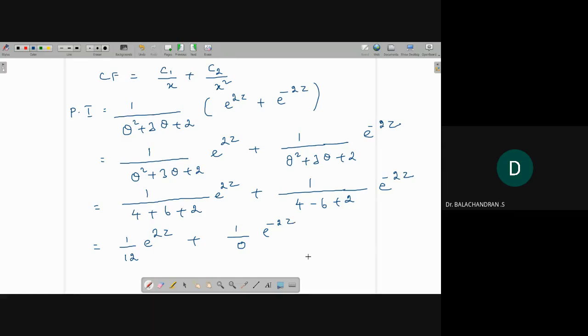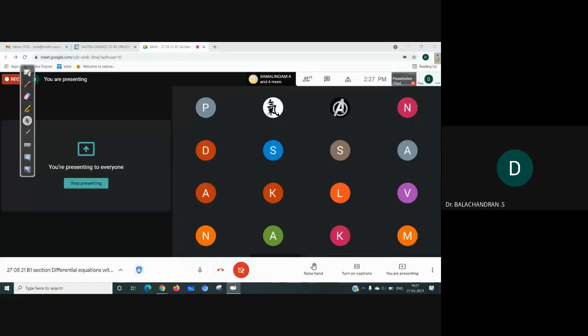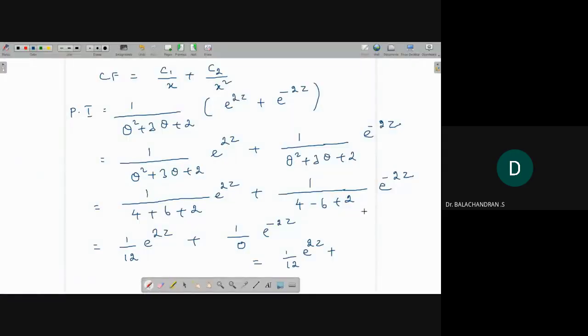Okay, so the next step I will write here: 1 by 12 into e power 2z, plus what we will do now. Is that into e power minus 2z correct? So you should multiply by the independent variable z.